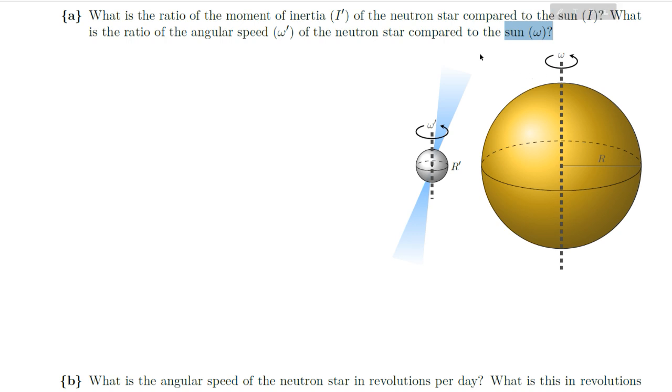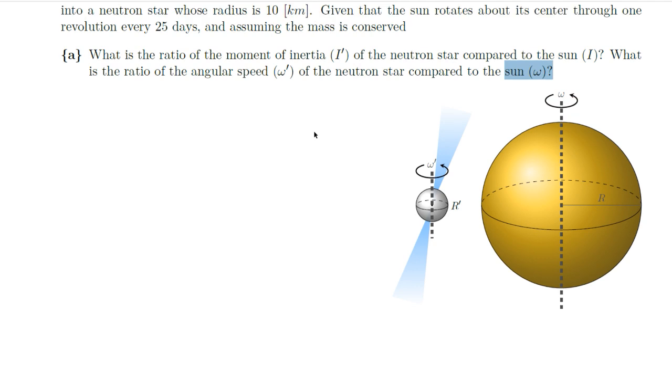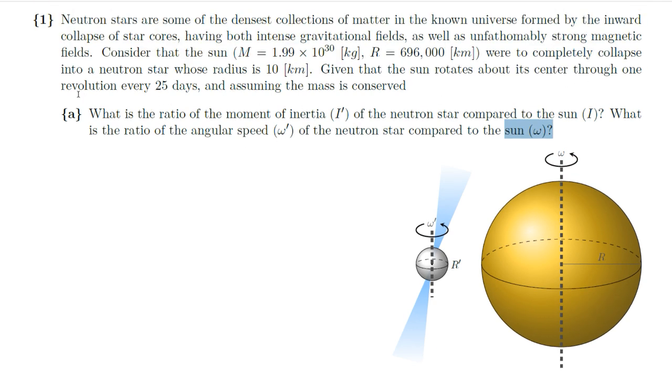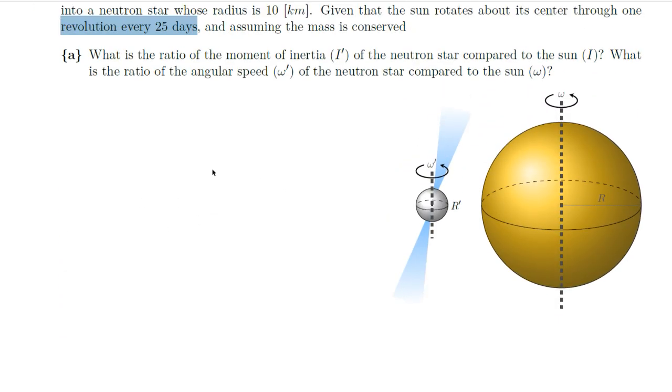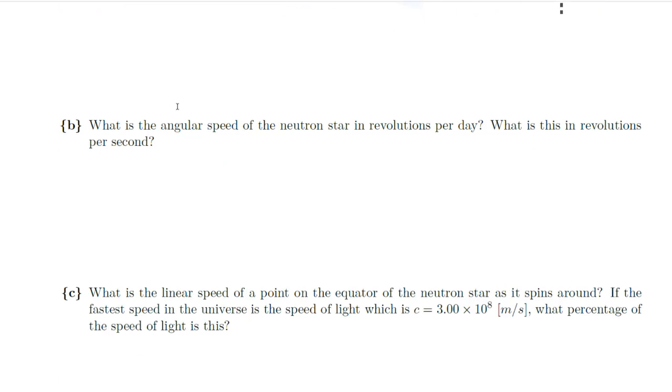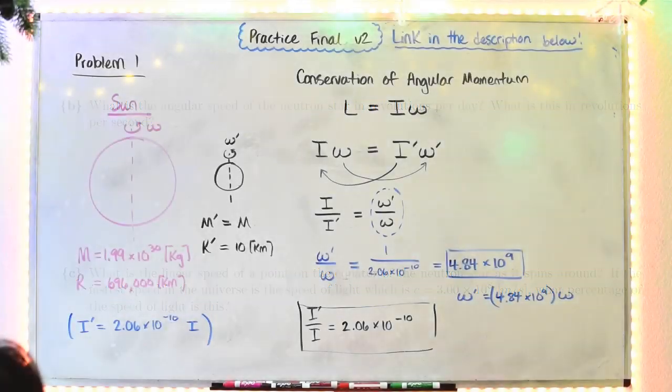Since you now know how many times larger it is, all you do is take the original angular speed, which I tell you is that the sun rotates one revolution every 25 days. That is its spin rate or angular speed. So we multiply it by the factor from part A. Let's do that real quick for part B.